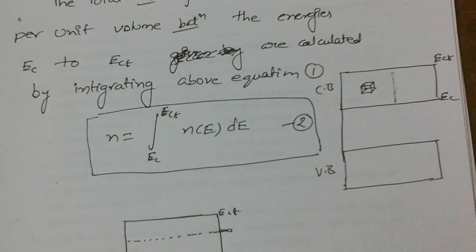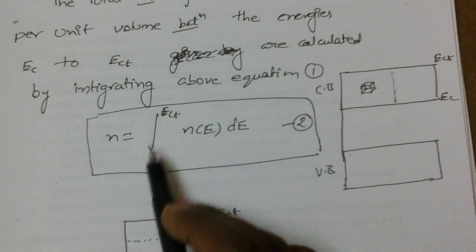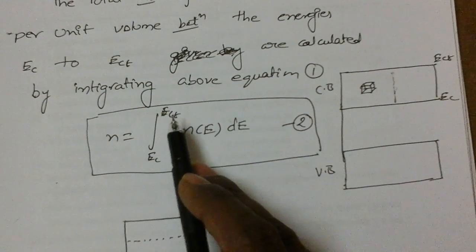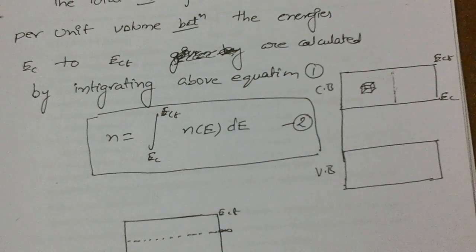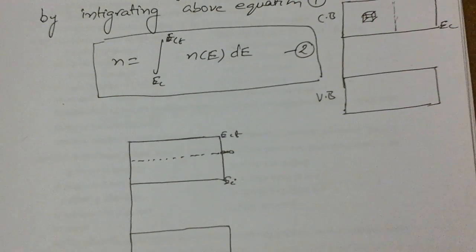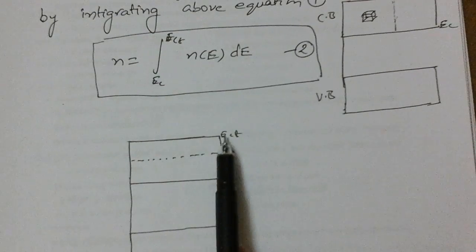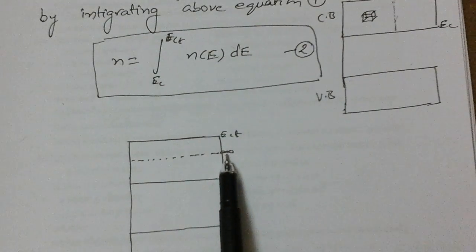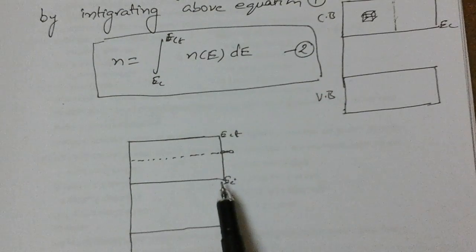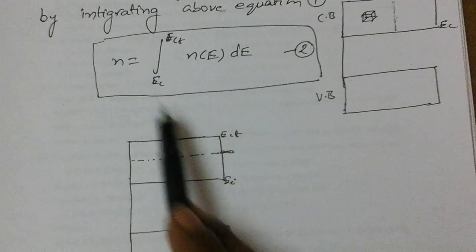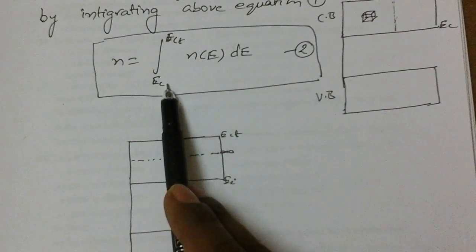Now we are splitting this integral from EC to ECT into two terms. The conduction band bottom energy level is EC and the top energy level is ECT, but between them there are infinite energy levels. That is why I can write EC to infinity and infinity to ECT, splitting the total integration into two terms.